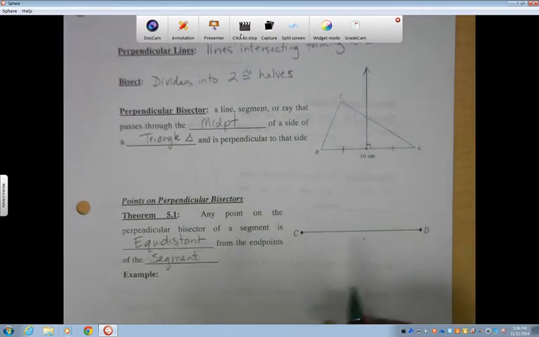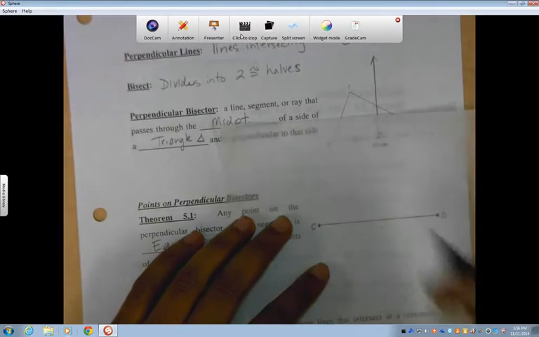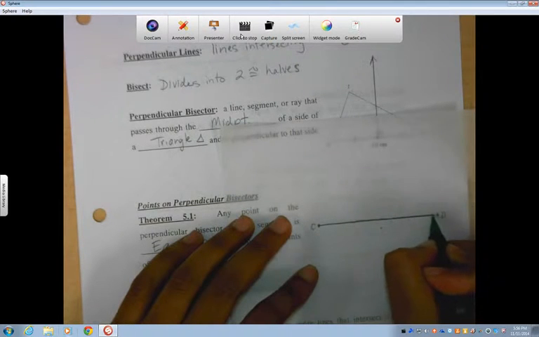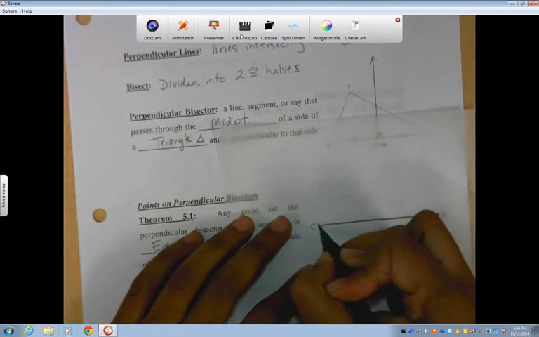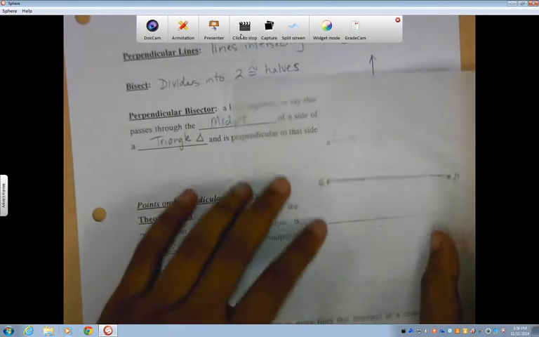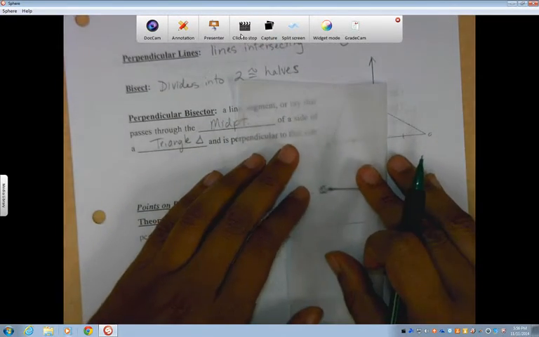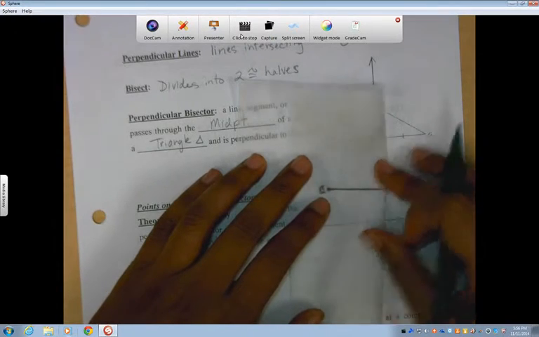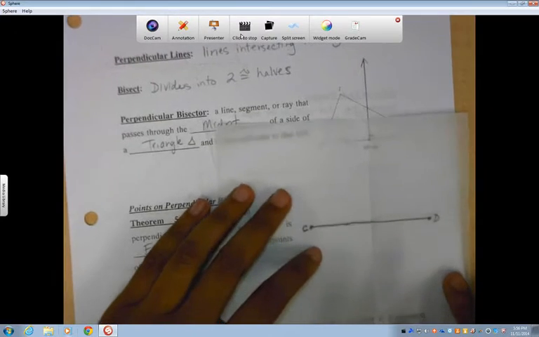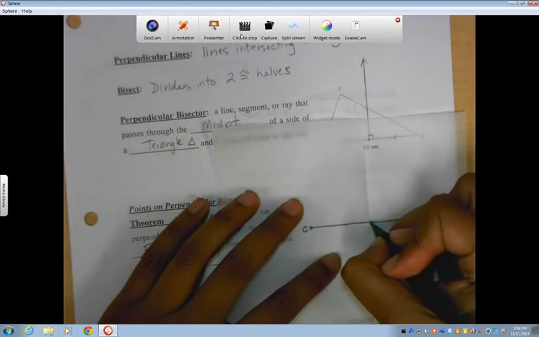So let's say same thing. I'm going to trace the segment CD. In doing so, we got the C, we got the D. I'm going to fold the segment so the endpoints coincide, they're on top of each other, to create what would be the midpoint of that segment CD.